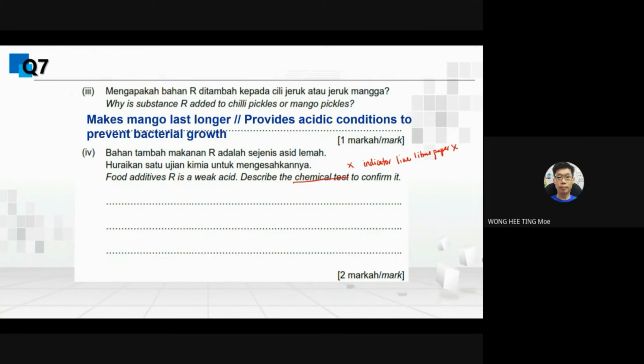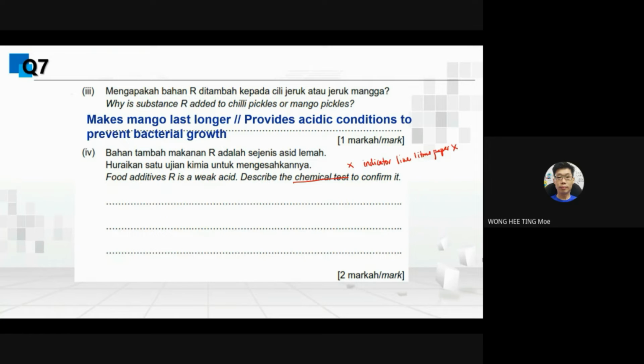So that's how to confirm the weak acid. Okay, you put in the magnesium ribbon. Okay, then this is the action. Okay, you can insert or put in a magnesium ribbon into the R.